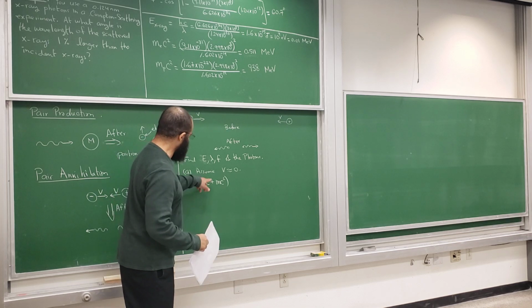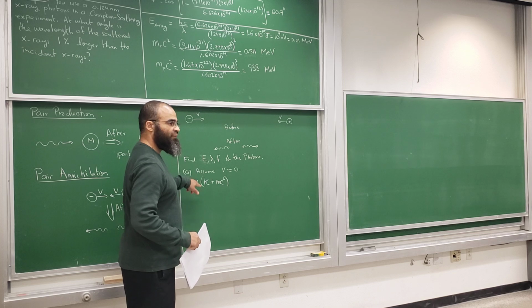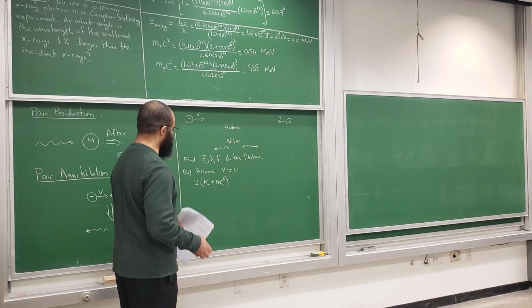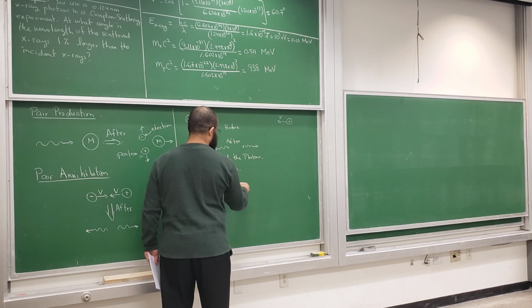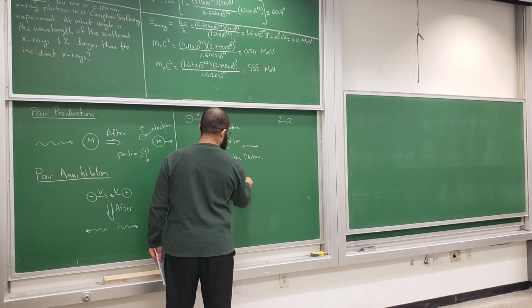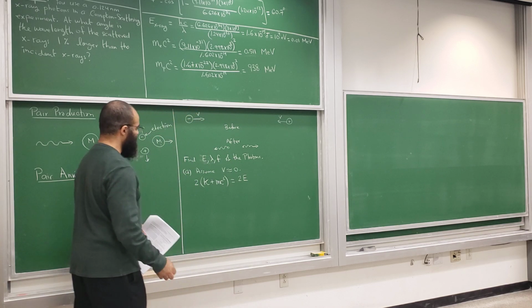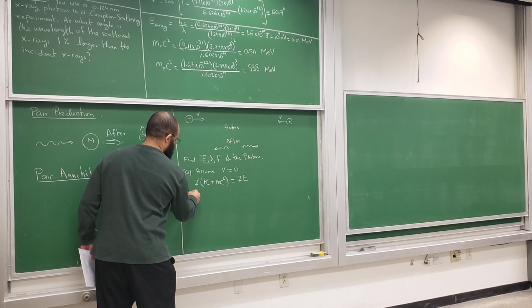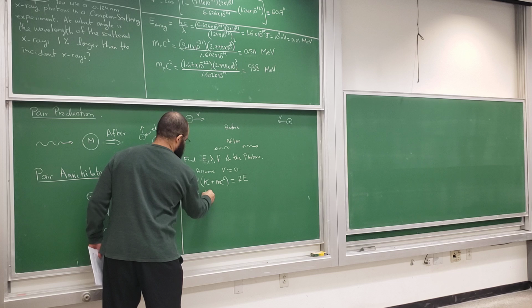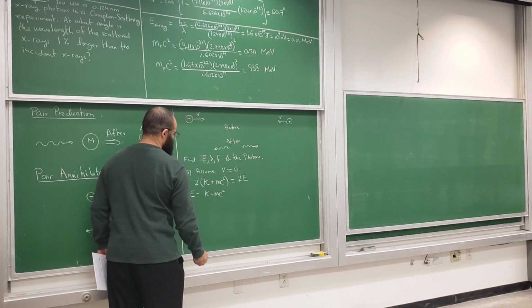And if V is about 0, the kinetic energy will be 0. I'm just doing it in general, and then we do it specifically for this. And this must equal the energies of the two photons: energy of photon 1 plus energy of photon 2, so that's twice the energy. The number 2 cancels, and we get the energy of each photon, which is K plus mc squared.